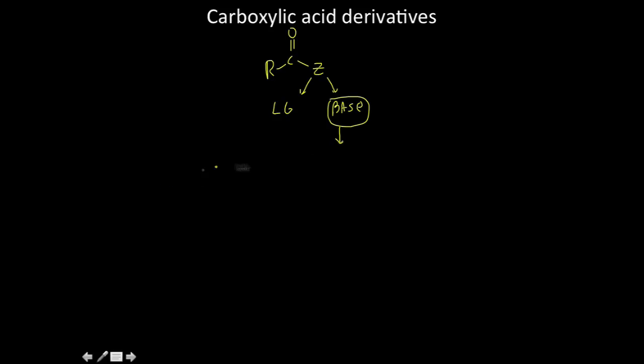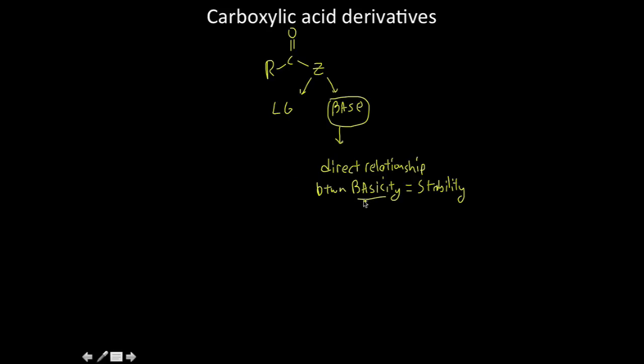So let's just talk about this. For all the derivatives that I'm going to list in the beginning, as basicity increases, the stability of your molecule increases. So this has a direct relationship between basicity and stability, the stability of the overall molecule.